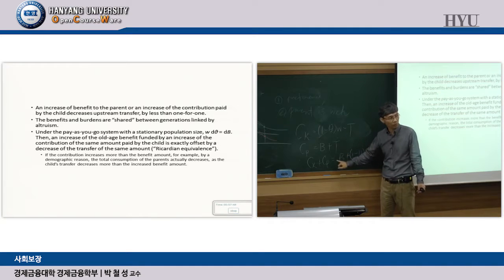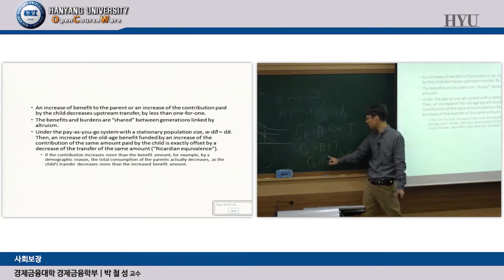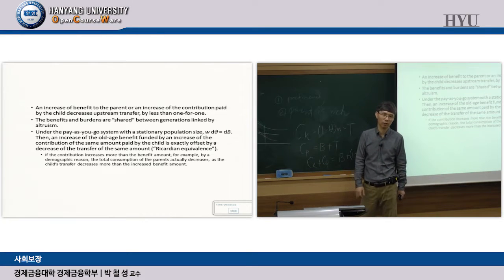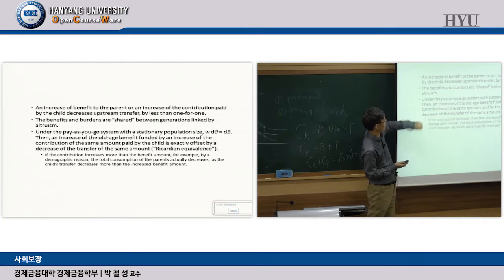That means what? Total income of the family will not change. Right? Which means nothing is going to change to the child's consumption and parents' consumption, because basically they just offset each other. Okay? That's the last part.